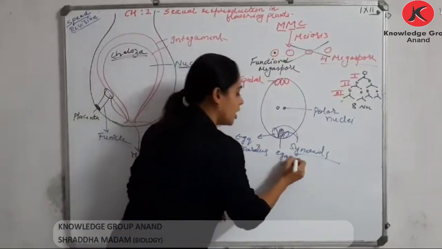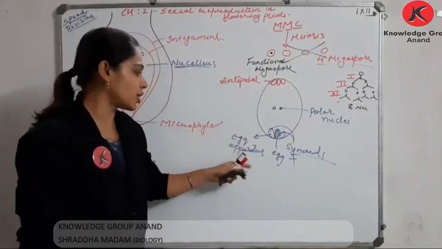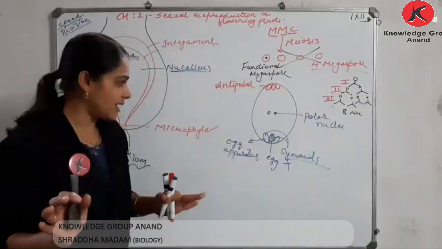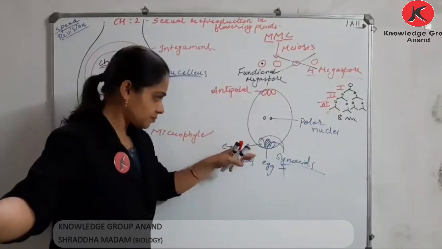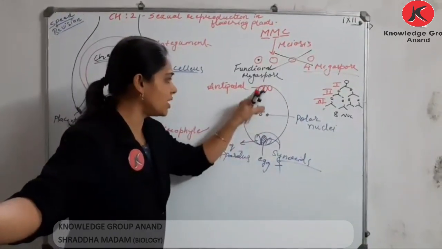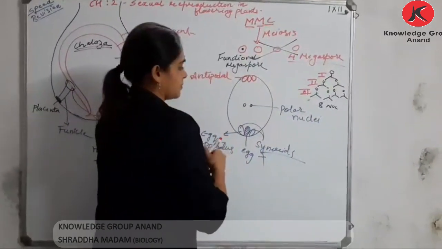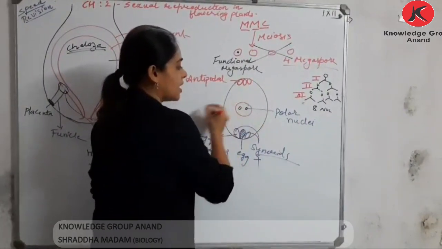Synergid. So egg plus 2 synergid forms your egg apparatus. So this is actually 1, 2, 3, 4, 5, 6, and this forms a central cell.